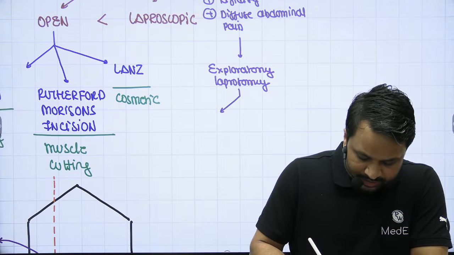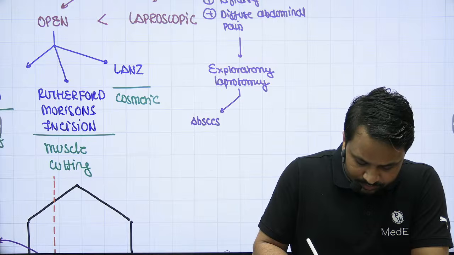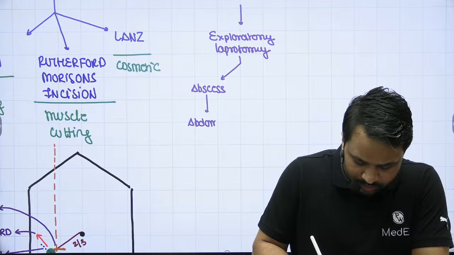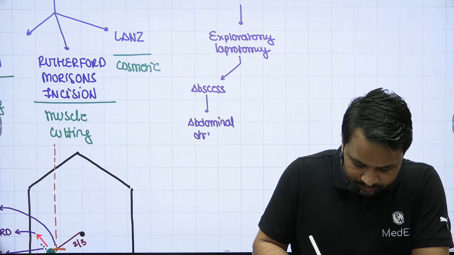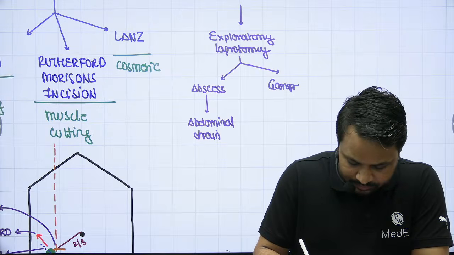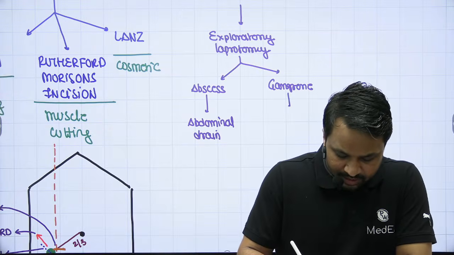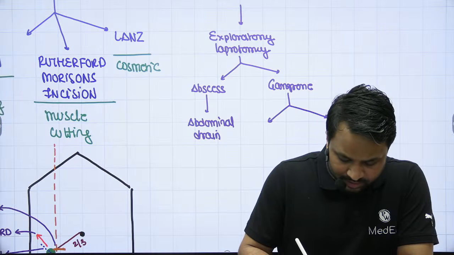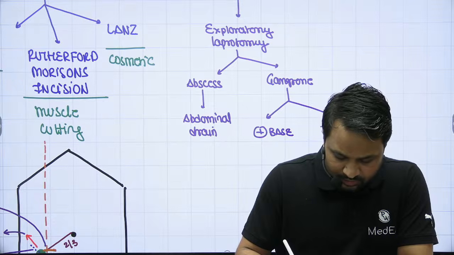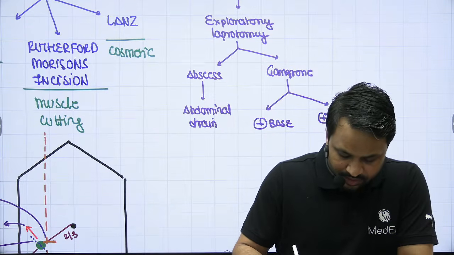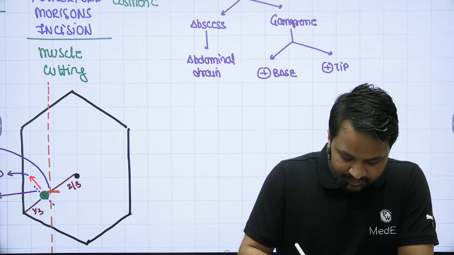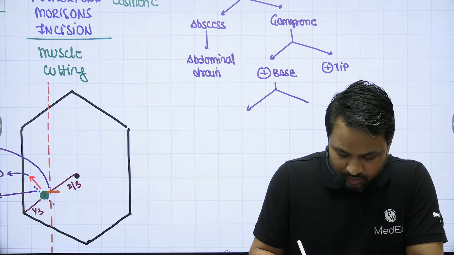Now, if there is an abscess, if there is an appendicular abscess, then I am going to place the abdominal drain and exit. If there is presence of gangrene, whether the gangrene is involving the base of the appendix or the tip of the appendix: if it is involving the base, I will see whether it is involving the cecal wall or not.